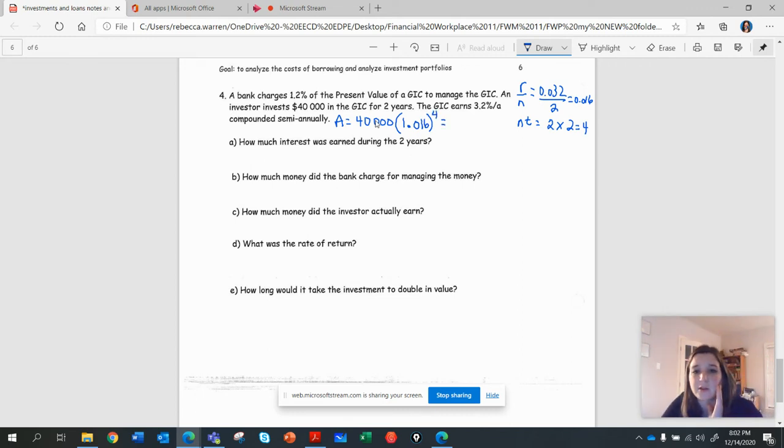In your calculator, you do 1.016 to the power of 4. Then once you have an answer, you times that by 40,000. And you should get 42,622. Oh, shoot.